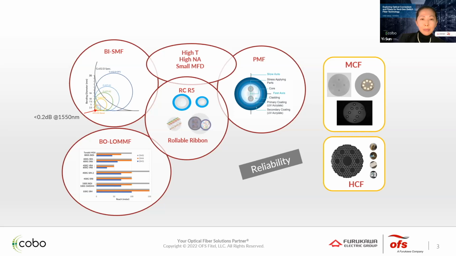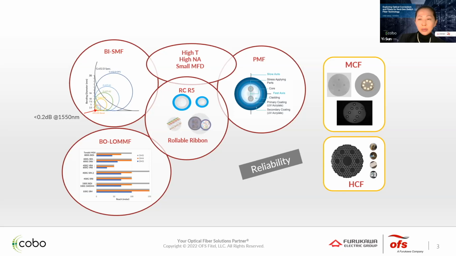And for those fibers, the design features can overlap. The reduced cladding can be bending sensitive single mode fiber or multimode fiber or polarization maintaining fiber. And the single mode or multimode fiber can be put into a rollable ribbon.